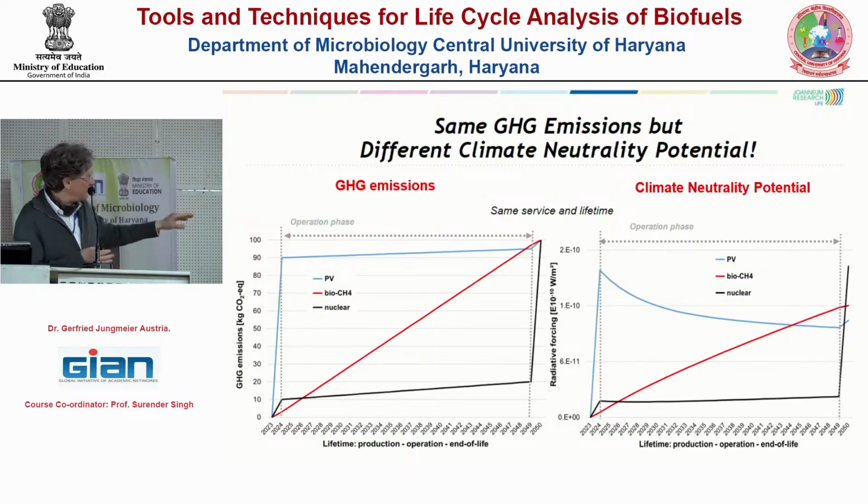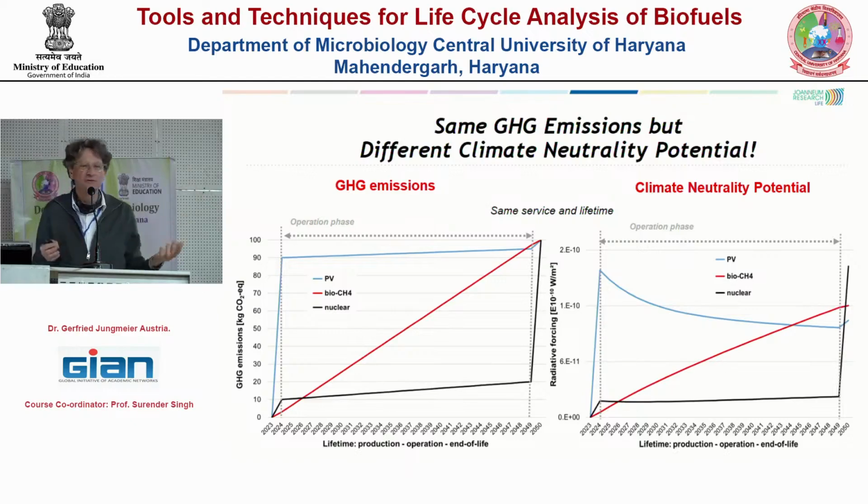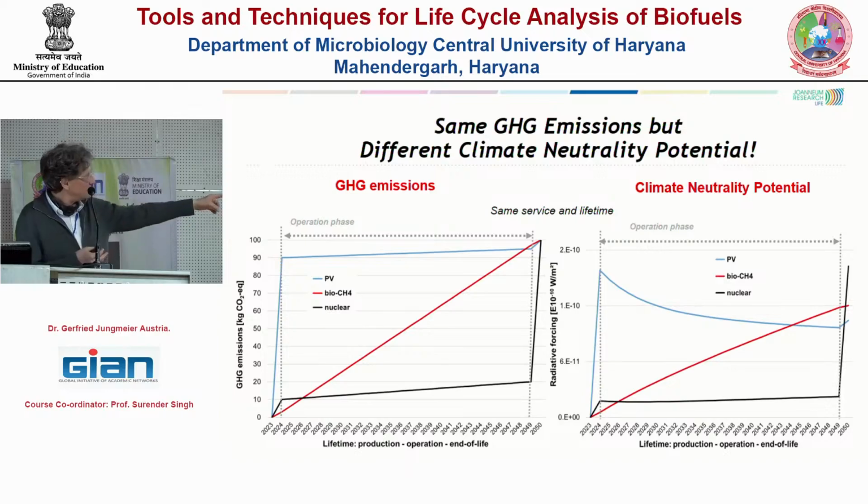Whereas the black line for nuclear has a little bit at the beginning, and then to dismantle a nuclear power plant and do all the final storage of this material, maybe this is very energy intensive. You see that the nuclear has the highest potential at the very end of the lifetime, and the biomethane is in between. So this is the nice thing with this climate neutrality potential.